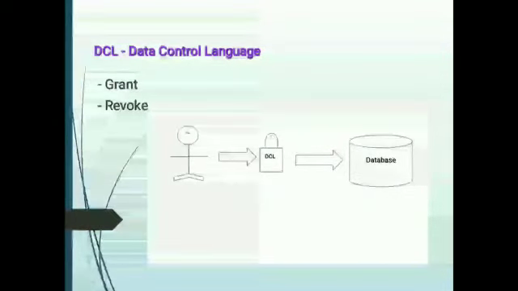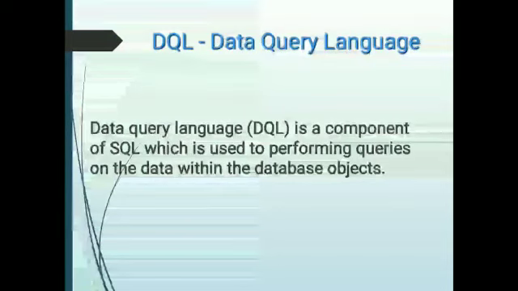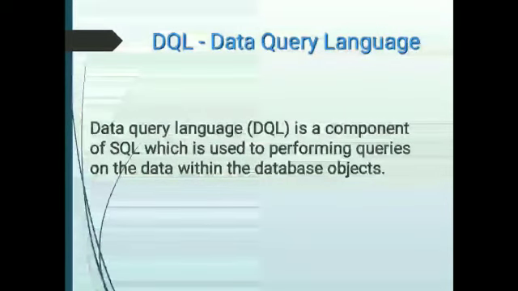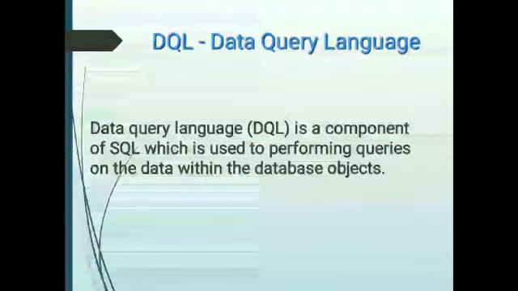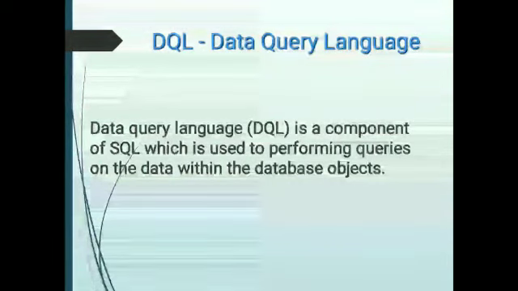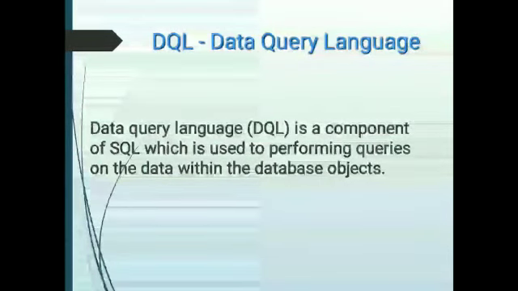Now, going to our main point, which is DQL and different commands present in DQL. DQL is data query language. Let's see the definition. Data query language is a component of SQL which is used for performing queries on the data within the database objects.